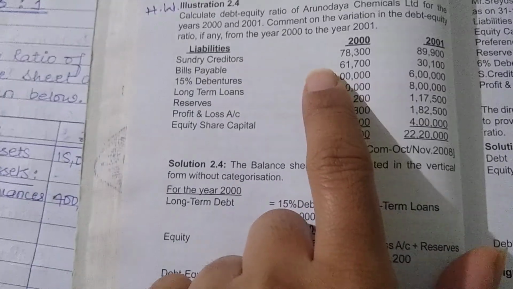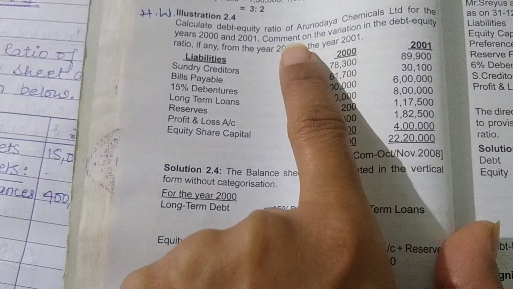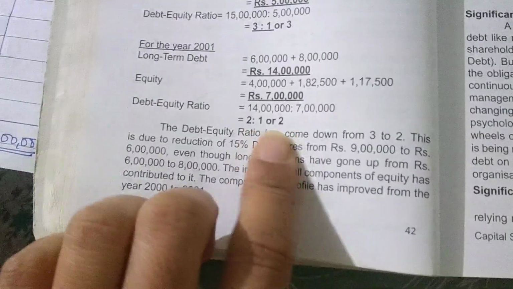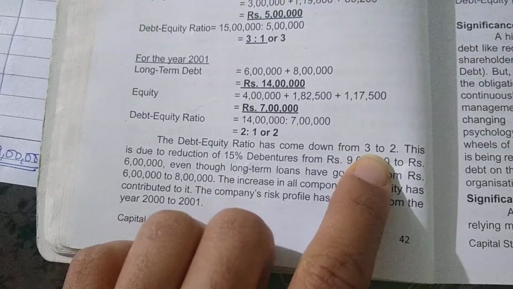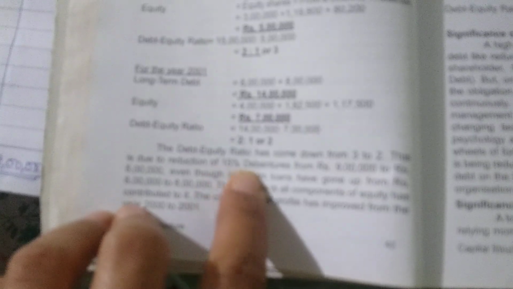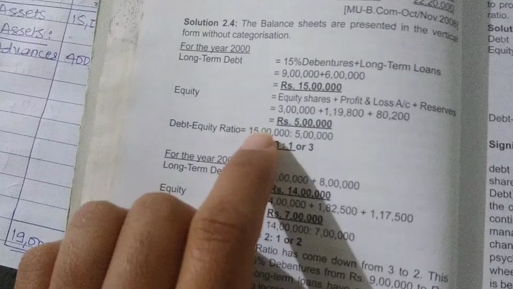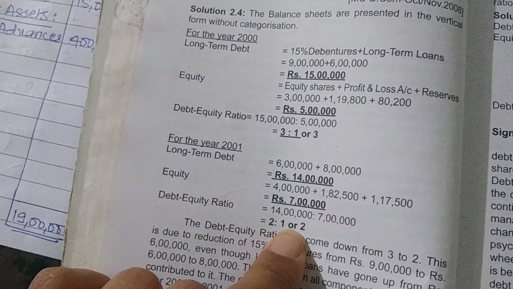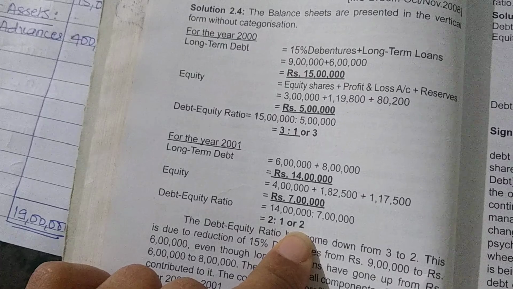They've asked you to comment on the variation. So when you see here, the debt equity ratio has come down from 3 to 2. This is due to the reduction of 15% debentures. See, in 2000 it is 3, but in 2001 it is 2. Why is that?